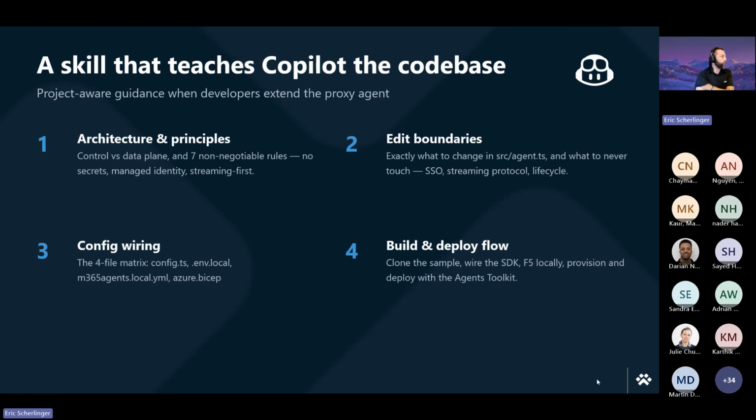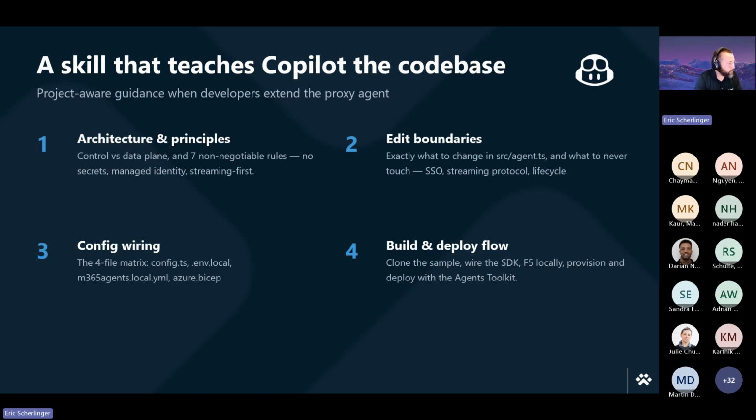Good. So I did demonstrate, but we have a dedicated slide for the skill. As I was mentioning in the presentation, the skill is built for 4 pillars. The architecture and the principles. So being able to answer questions around the architecture, I showed you as well, it was knowledgeable about stuff that goes beyond the current samples that we have.